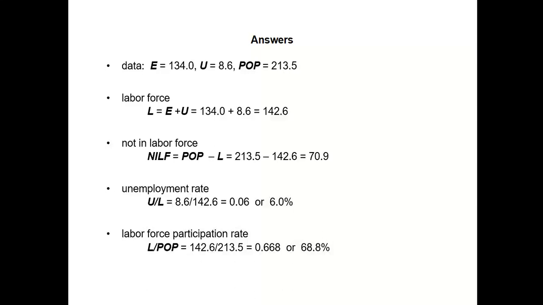In this way we can calculate labor force, not in labor force, unemployment rate and labor force participation rate if we are given the data that is employed, unemployed, and population.